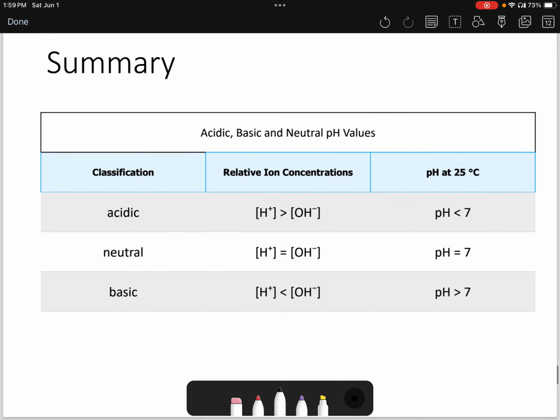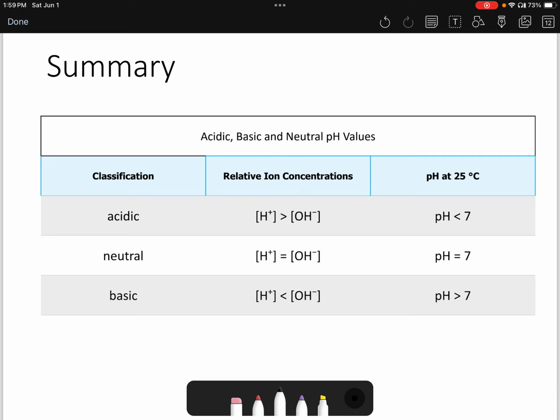Okay, so let's just summarize what we've learned about our acids and bases. So again, if a solution is acidic, that is going to tell us we have a greater concentration of hydrogen ions in solution compared to hydroxide ions. And the pH should be less than 7.